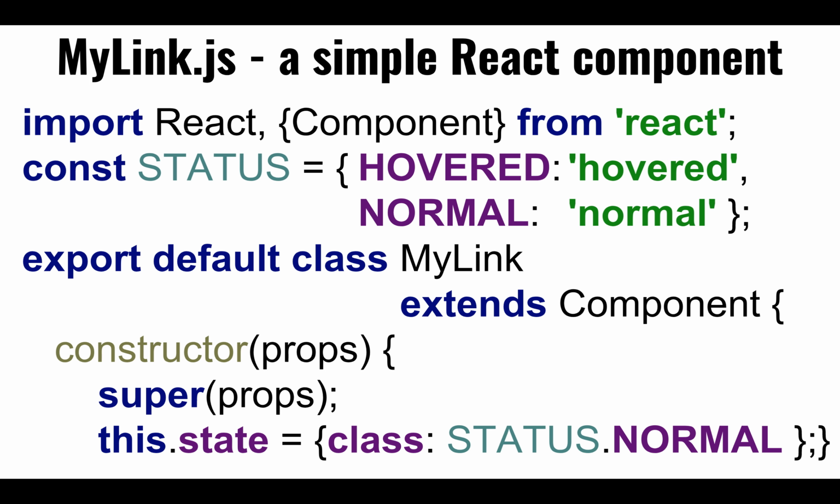We initialize the constructor, super, and we initialize a state variable called class, and it's going to start as normal. Then we toggle it between normal and hovered as the mouse enters the hyperlink and leaves the hyperlink.